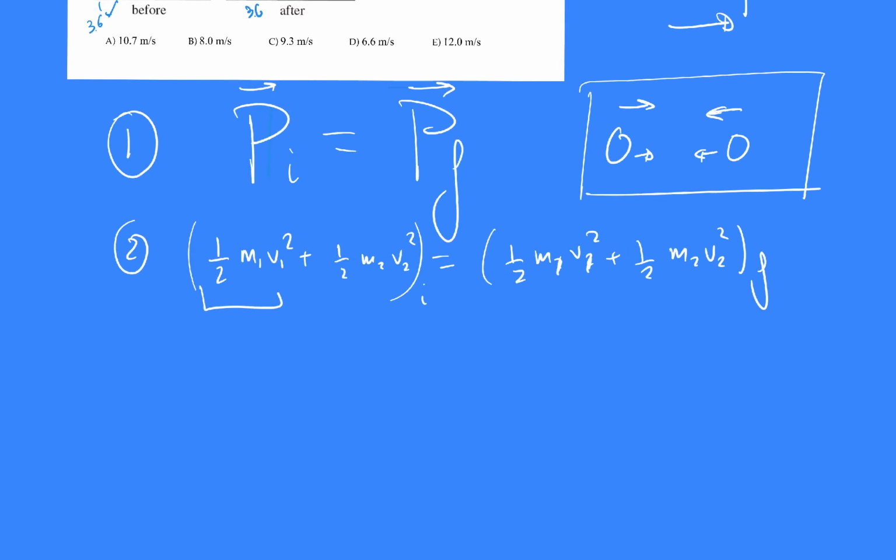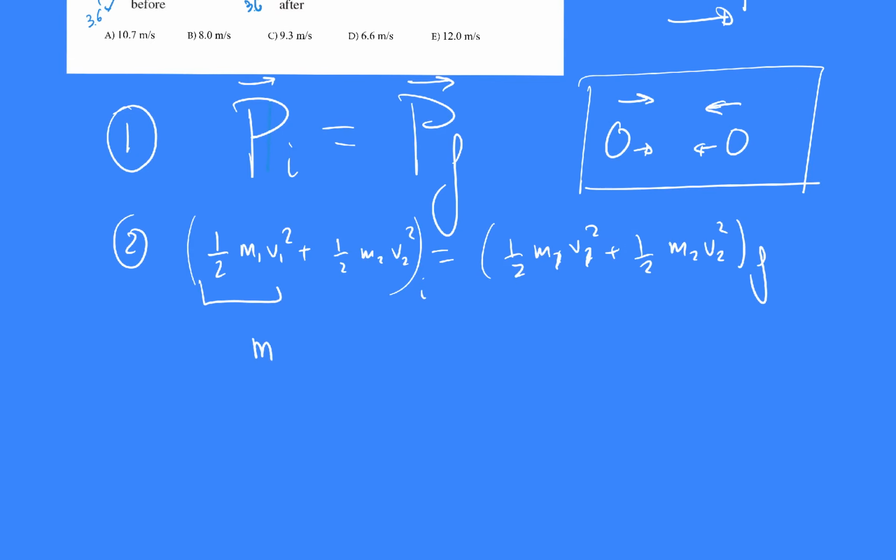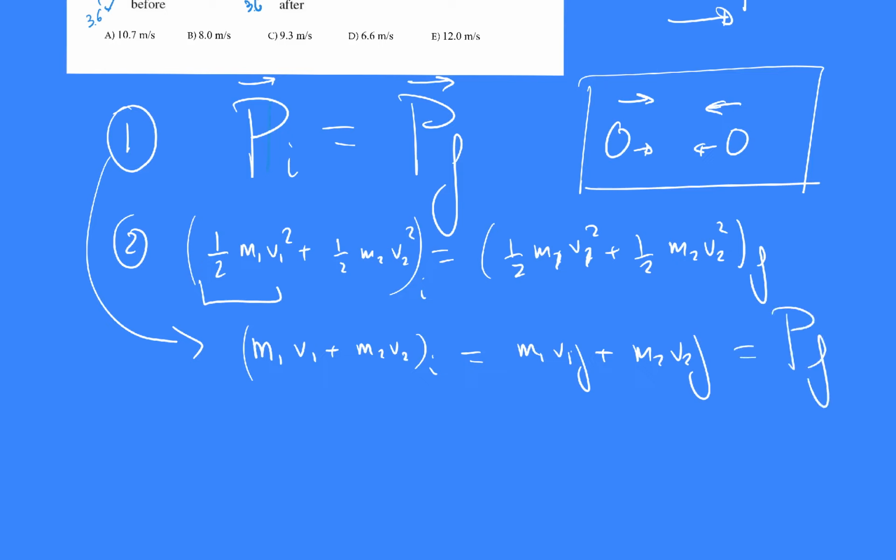So we have two equations. The first equation says m1v1 plus m2v2 initial equals m1v1 final plus m2v2 final. This is the total final momentum of the two particles.